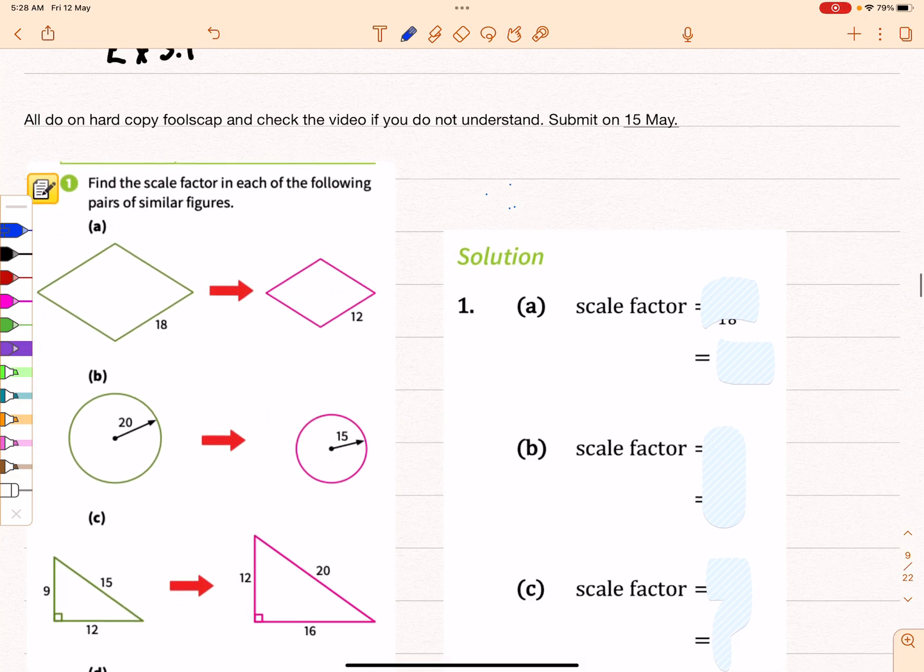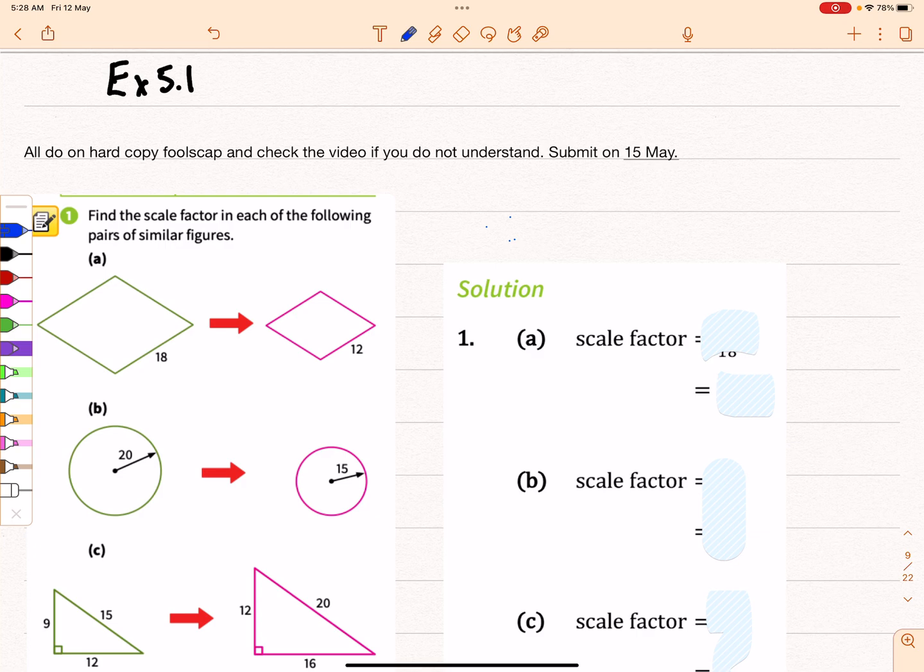Now, first question, we will check on our understanding again. Because they want the scale factor, the scale factor will always be image over object.